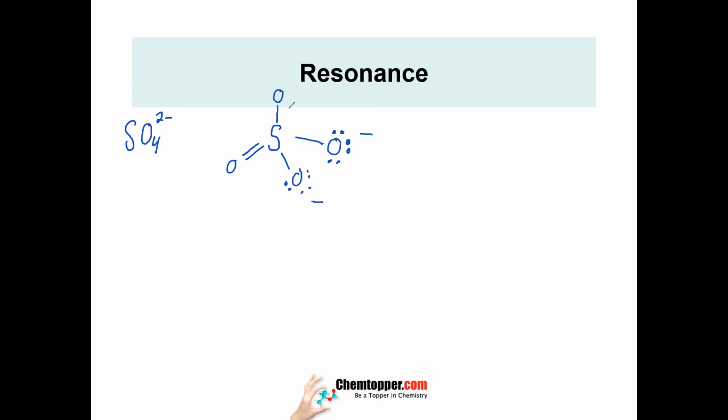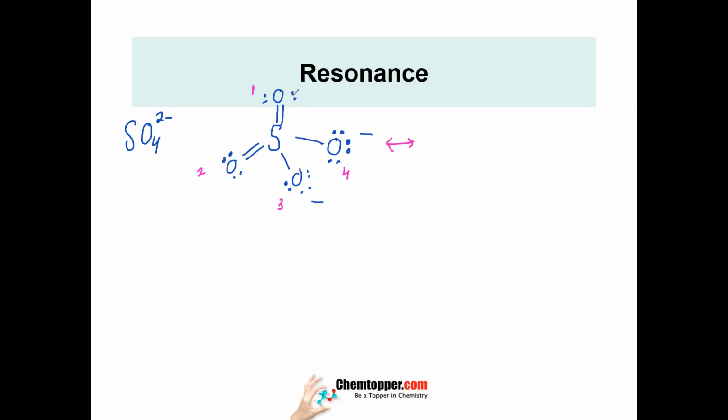And 2 oxygens are doubly bonded. If I number these oxygens 1, 2, 3, 4, can you tell me how many resonating structures I can draw?